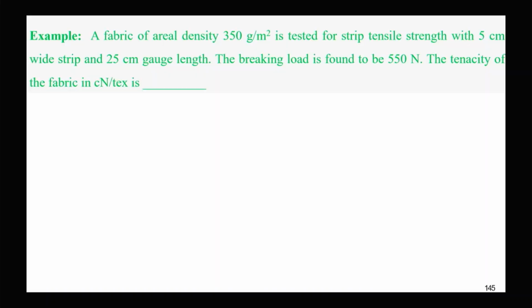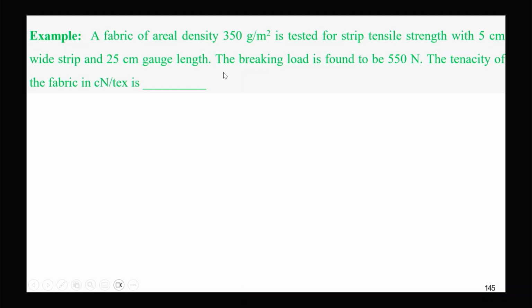Now let us try to solve a numerical related to the strip tensile test. A fabric of areal density 350 gram per square meter is tested for strip tensile strength with a 5 centimeter wide strip and 20 centimeter gauge length.